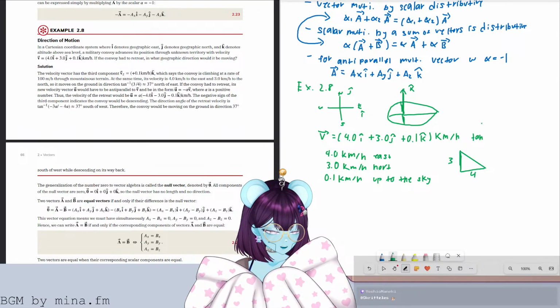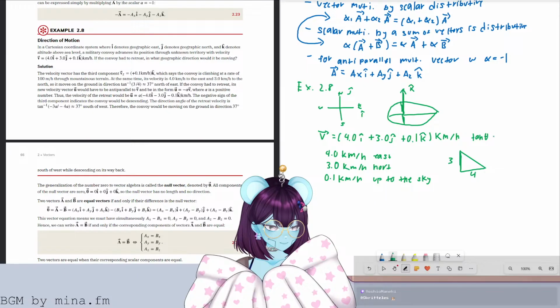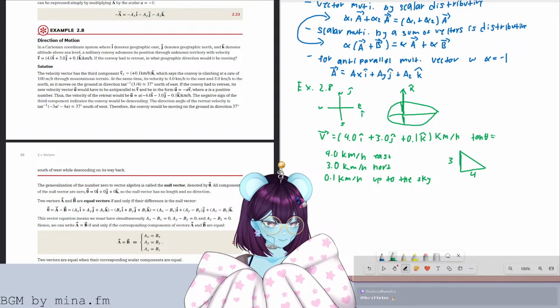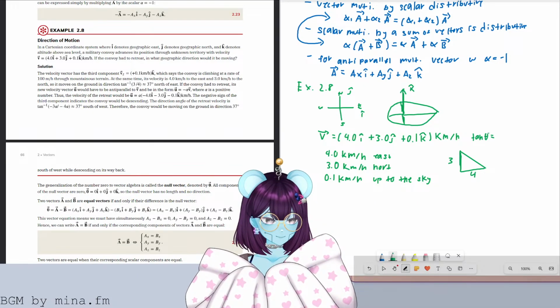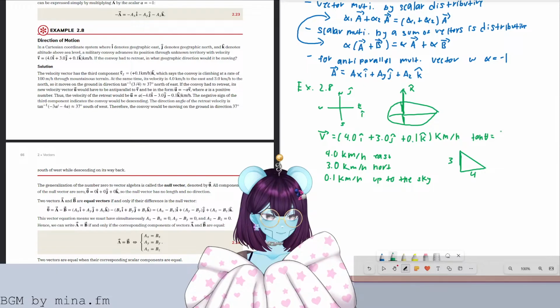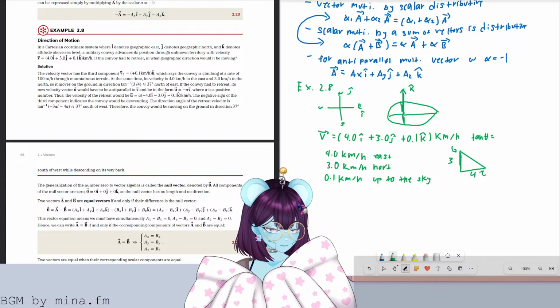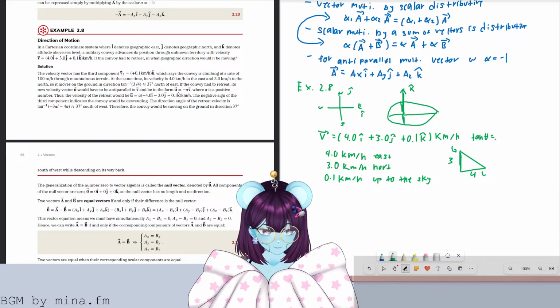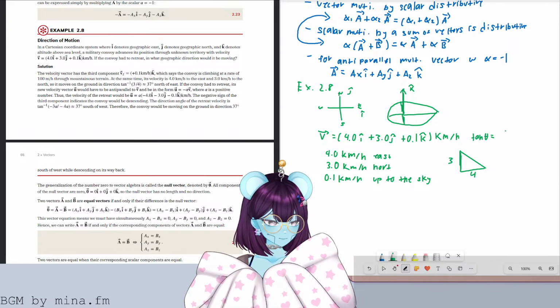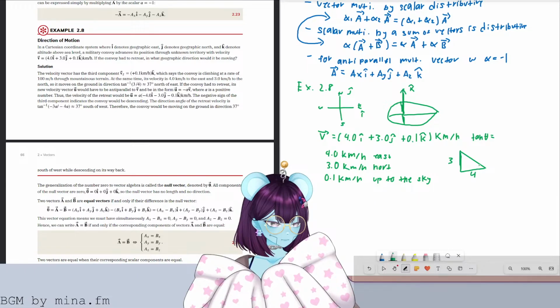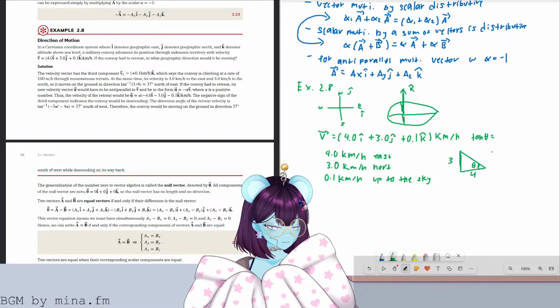Tangent of the angle is equal to this leg over this one, because we have the opposite, right? This is the tangent angle.